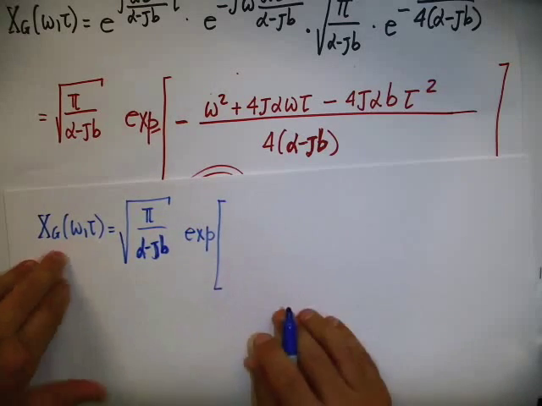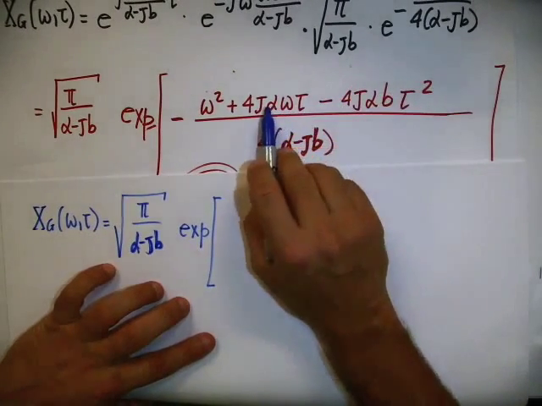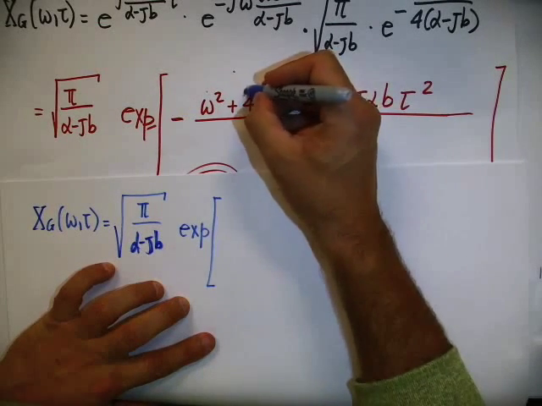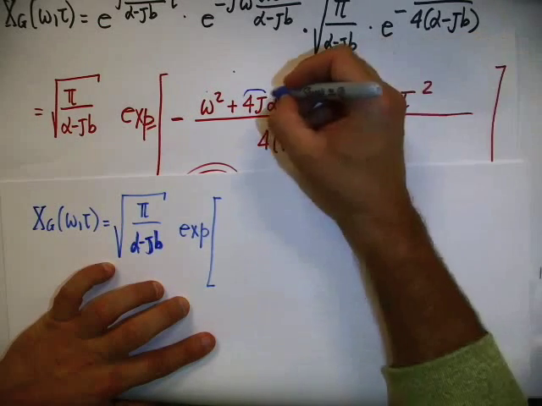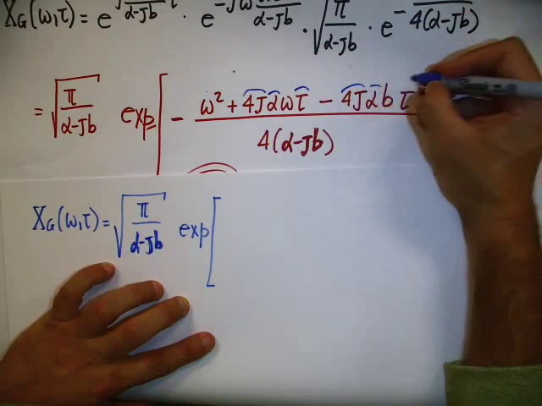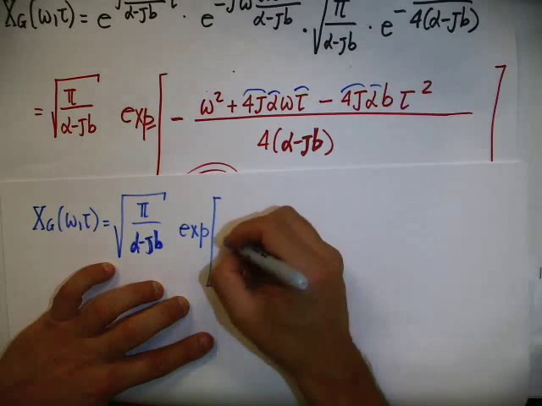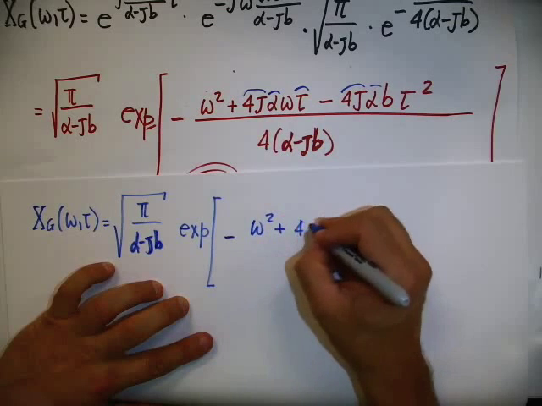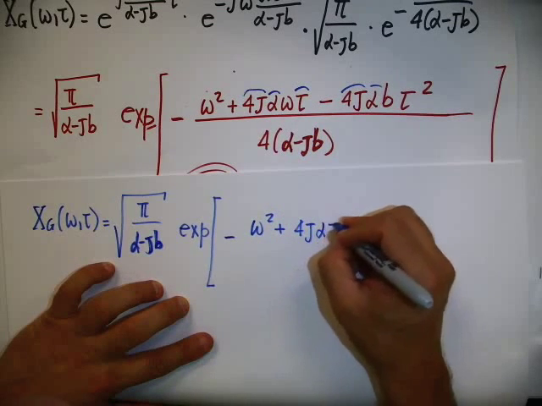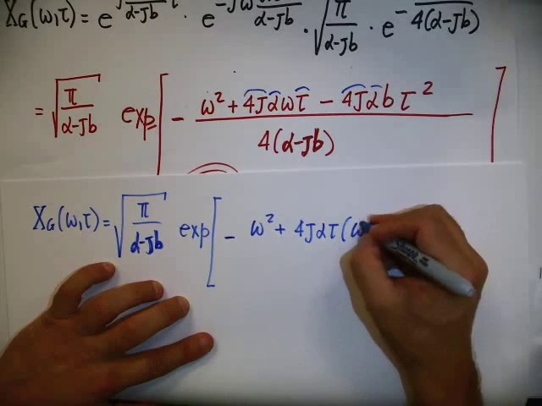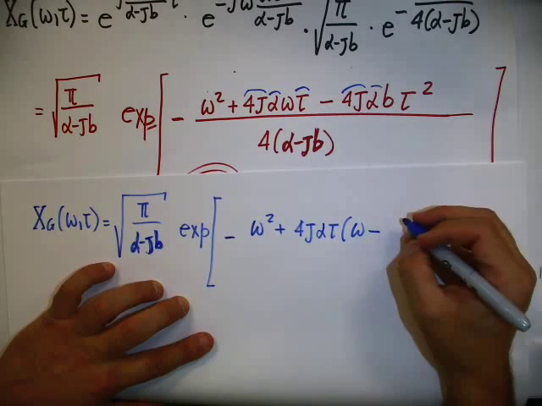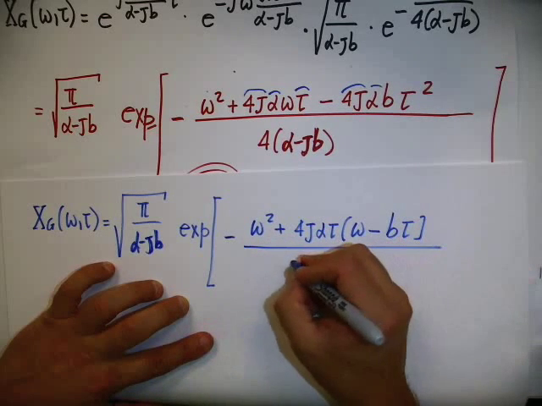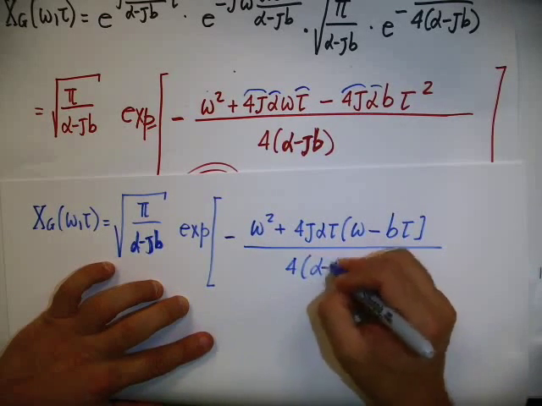Exponential of what? You see that here we can bring these two terms together, at least because of 4j and tau and alpha, 4j alpha and tau from here. So we have minus omega squared plus 4j alpha tau, open parenthesis, omega minus b tau, divided by 4 alpha minus jb.